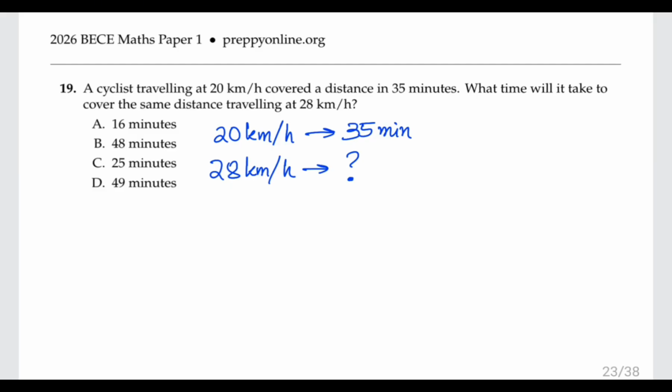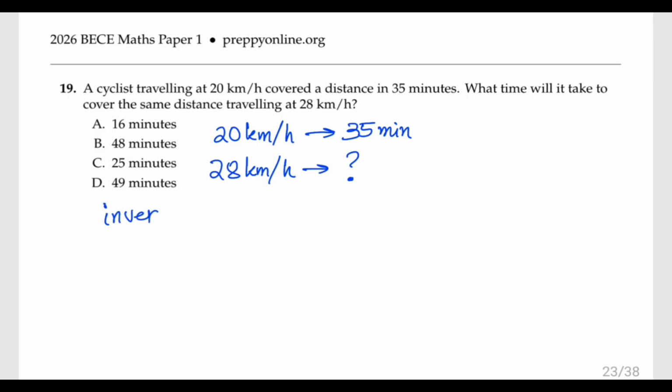Now, the idea we are going to use here is that the faster his speed, the less time he uses. So there's an inverse relationship. That's the key.